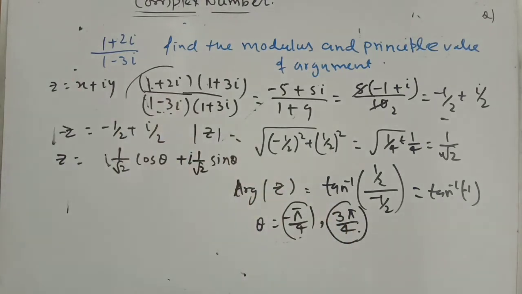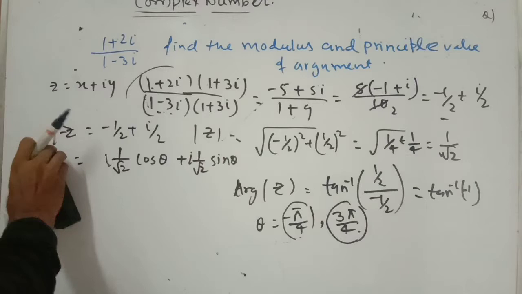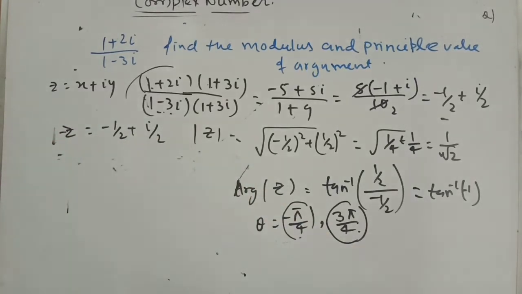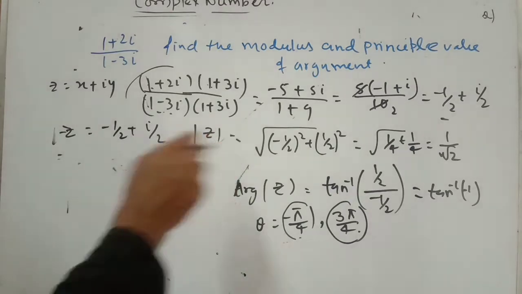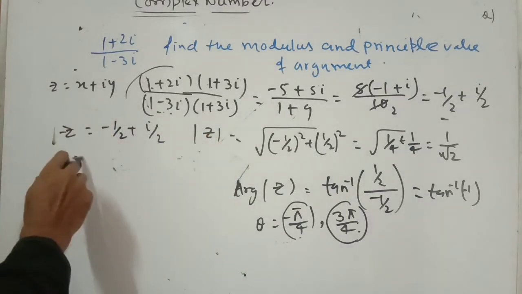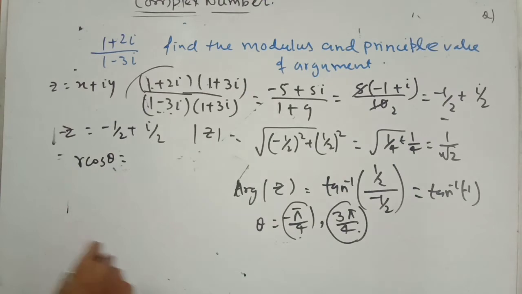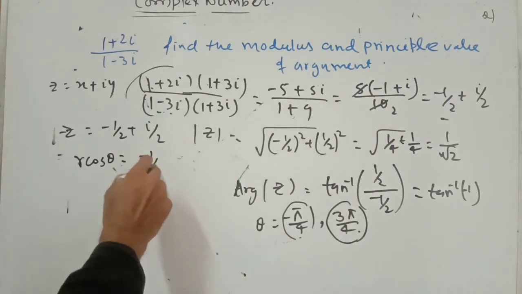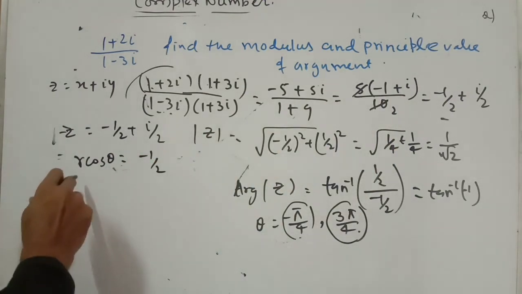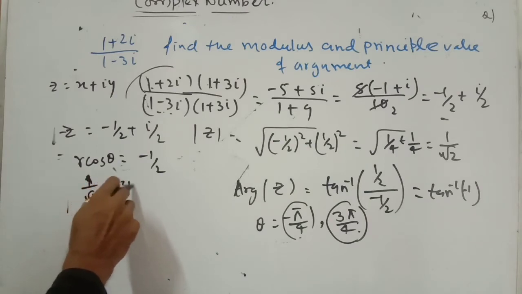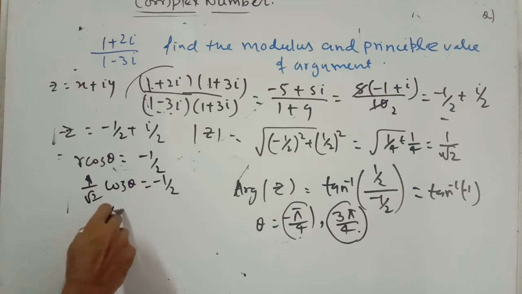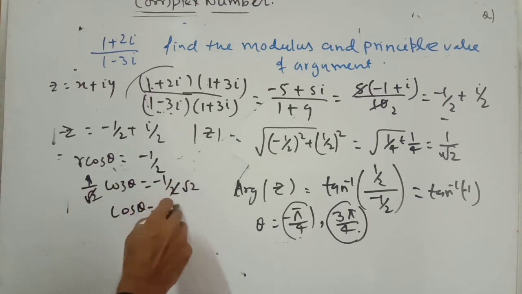Why? Because here when you compare, let's say the modulus is 1 by root 2. That means r cos theta, we already said r cos theta is equal to minus 1 by 2, and r equal to 1 by root 2, so cos theta equal to minus 1 by root 2.